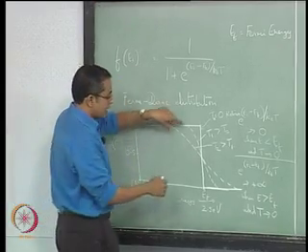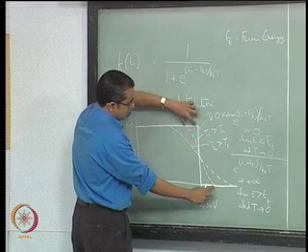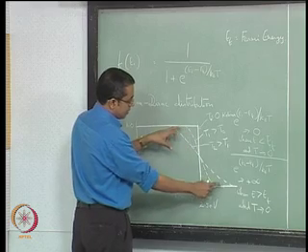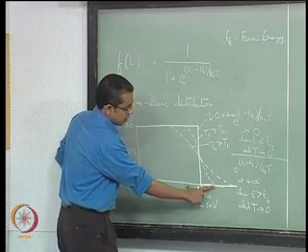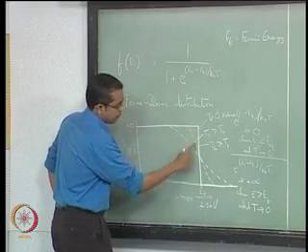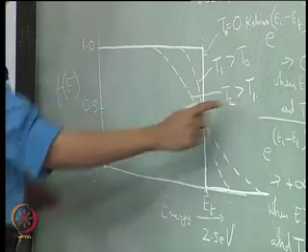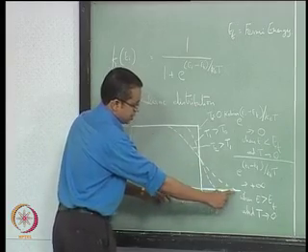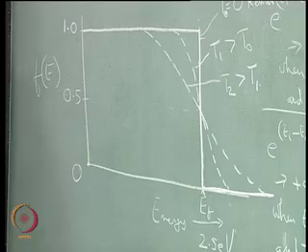So at a small temperature just above T0, the energy values over which this goes from 1 to 0 are in this range, from this energy to this energy. If you go to a slightly higher temperature, it goes from 1 to 0 in a slightly larger range of energy values.